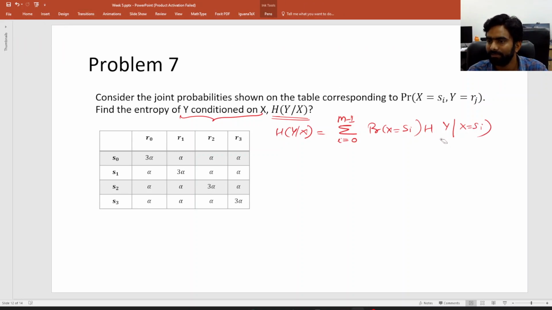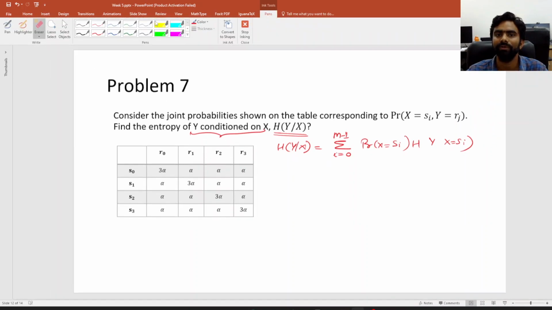This is slightly different in form, so pay attention to this formula. It's not very direct. The previous formulas were very direct; this is not.